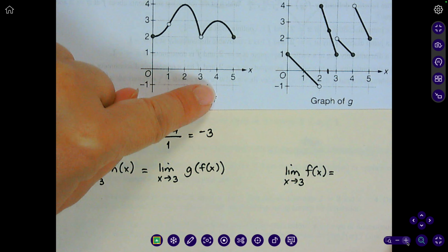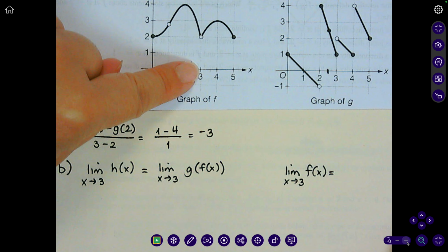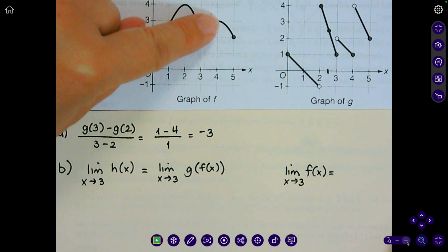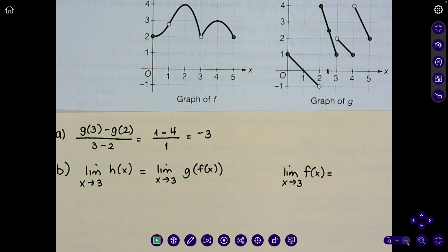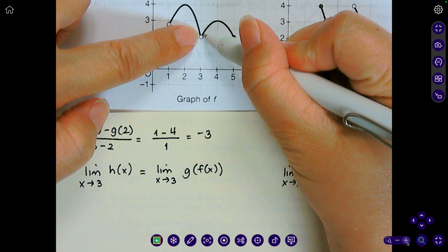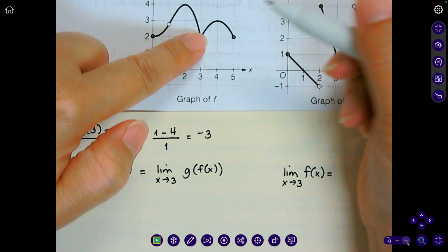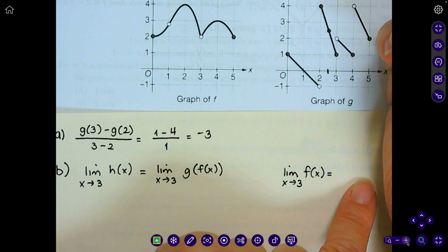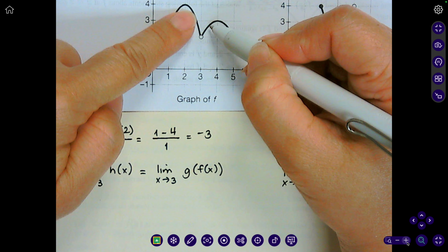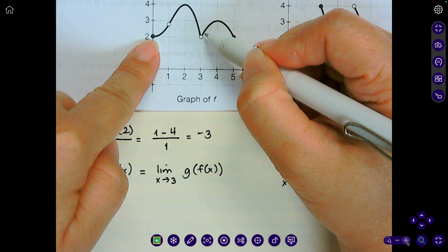Well, here's f. As x approaches 3 right here, you can see your function is approaching 2, sorry, approaching 2, right?